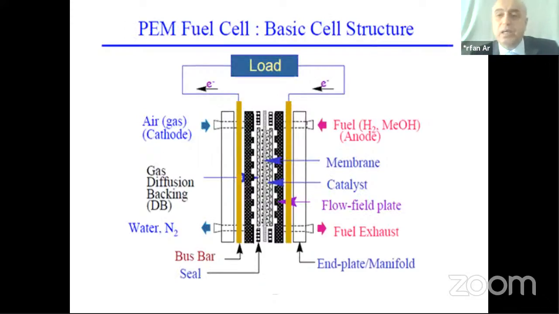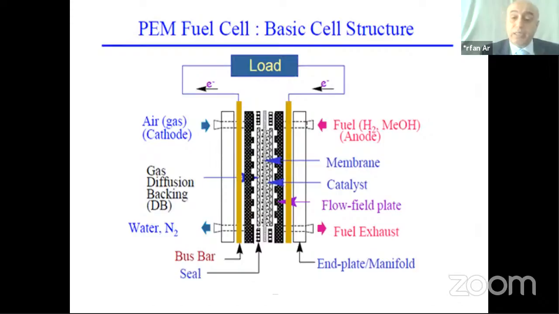The most widely used fuel cell is the PEM fuel cell. Here you can see its parts. Like other batteries, it has two electrodes, anode and cathode, and has the electrolyte as the membrane.